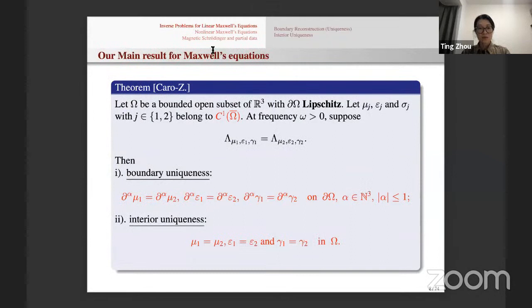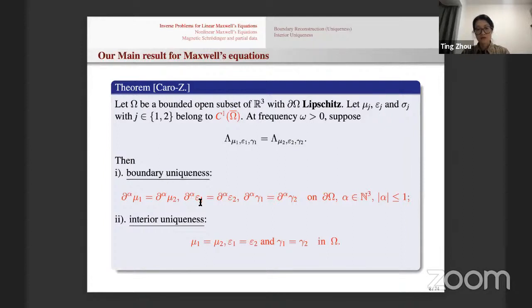Here is our main result with Pedro Caro on the inverse problem for Maxwell's equations. As I mentioned earlier, we assume the boundary to be Lipschitz and the parameters belong to the C1 space. For a fixed frequency, if you have an identical boundary admittance map for two sets of parameters, we can show first the boundary uniqueness.